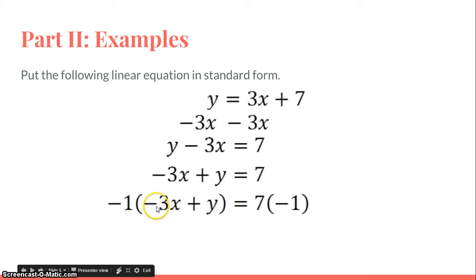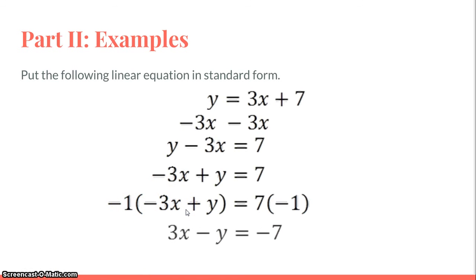Left is where it's most important, because I have to distribute that negative 1, and that way I make sure that I get positive 3x minus y equals negative 7. And that, what we have down here at the bottom, is this y equals 3x plus 7 rewritten in standard form. That's the kind of stuff you'll be asked to do for this part of the homework.